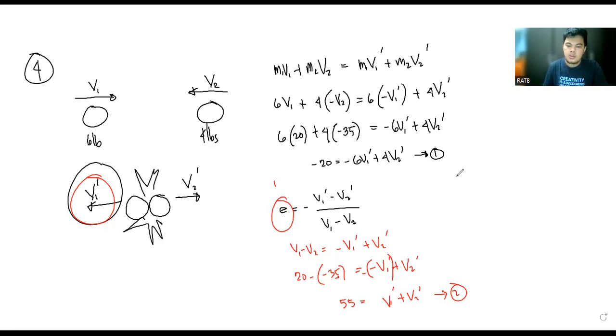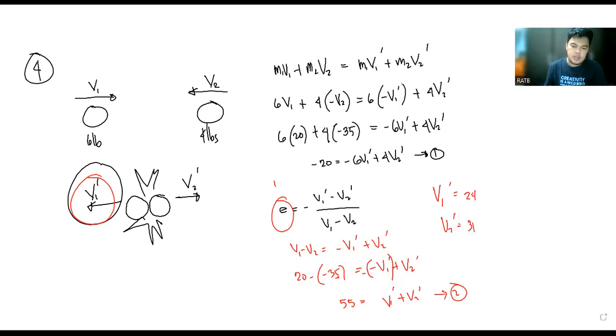So upon calculation, kindly go over with your calculators. So you have 1 and 55. So we can have v1 prime, that is 24, and v2 prime, of course, that's 31.